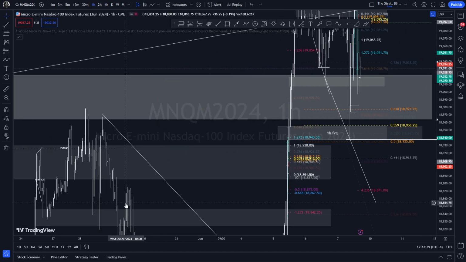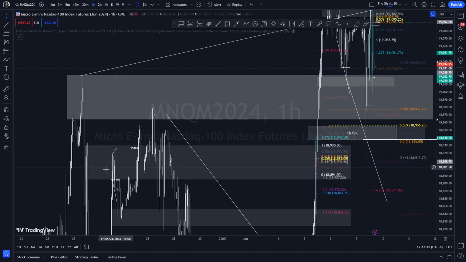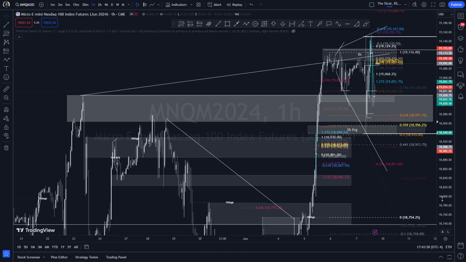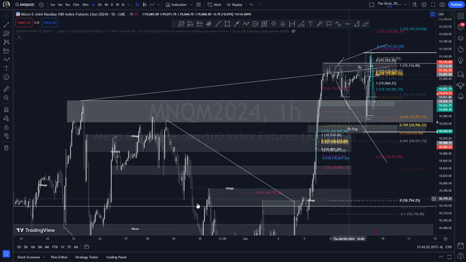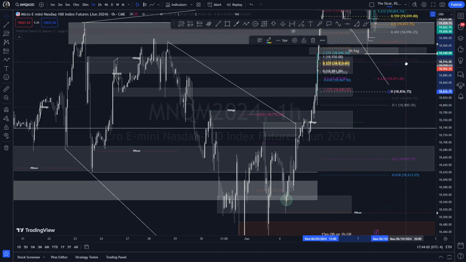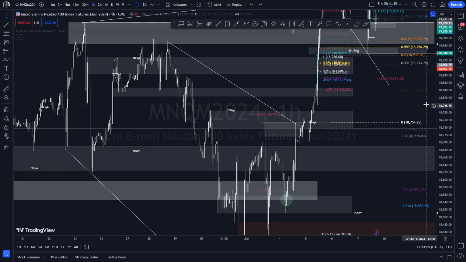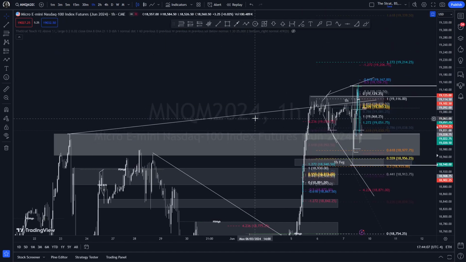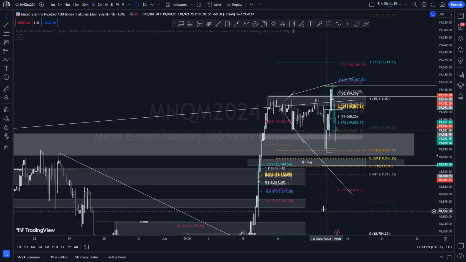I had this area marked as far as where the move was, the previous high, and this was on the 1 hour. Then you have this move back down after it places this high again, comes out, takes out this low, and then here we are.